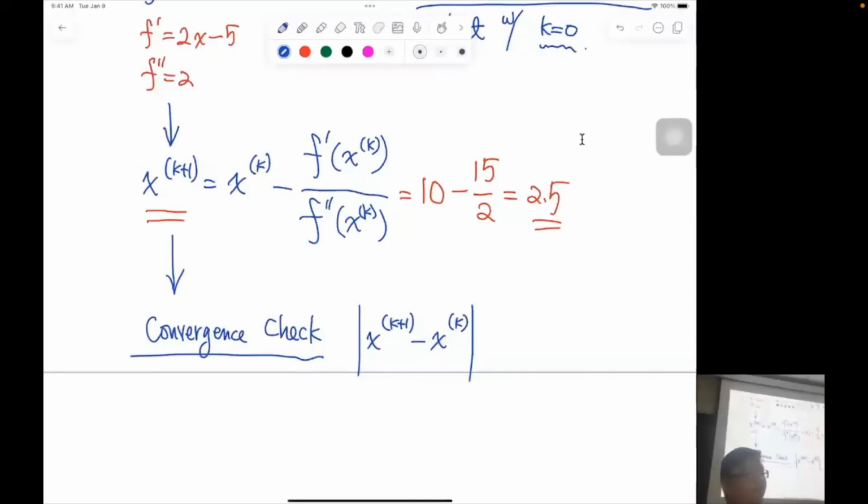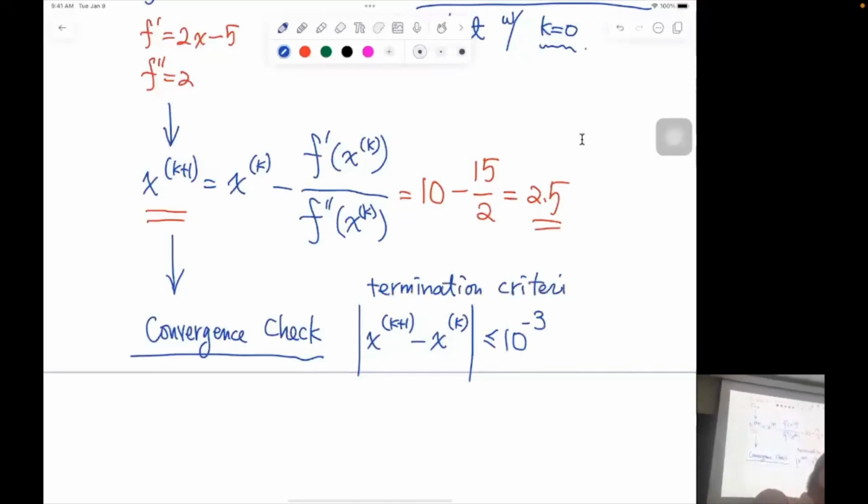You want this difference to be very small, let's say 10 to the negative 3. I call this termination criteria. If this is satisfied, I will terminate my iteration process, or I will say the optimization process converged.